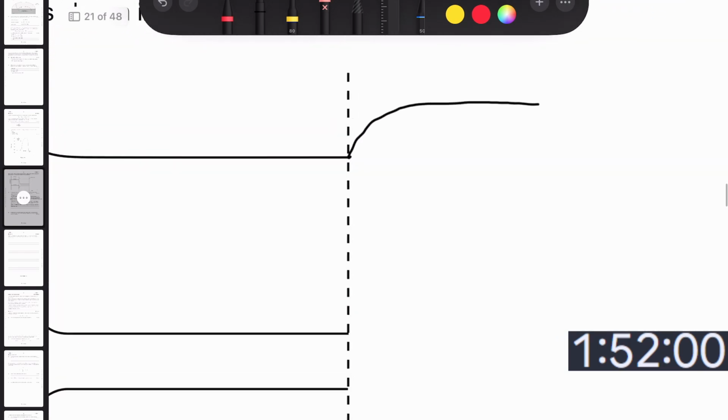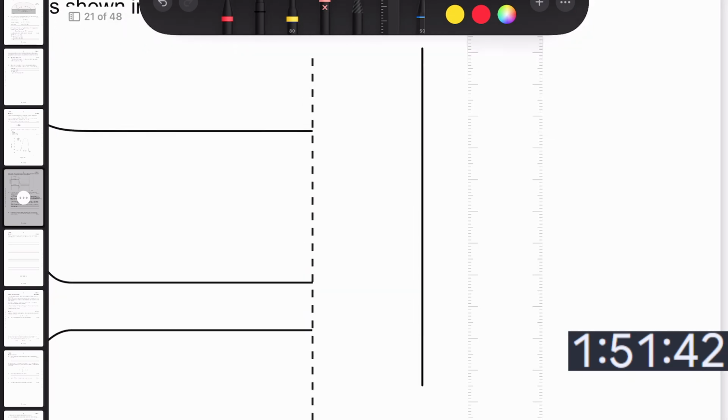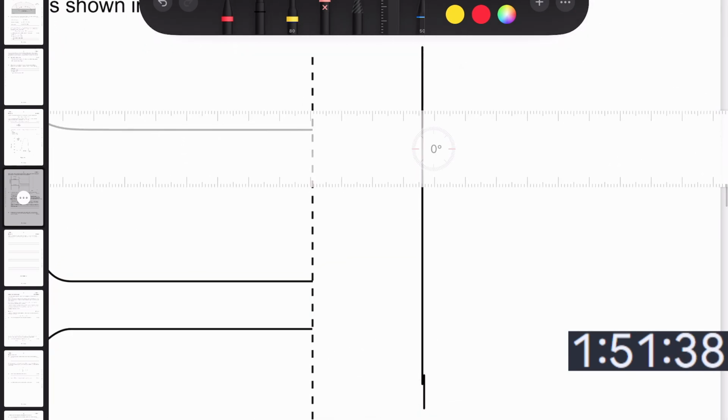System returns to equilibrium. Let's just draw some arbitrary line where they reach equilibrium. Let's say we want them to reach equilibrium there.